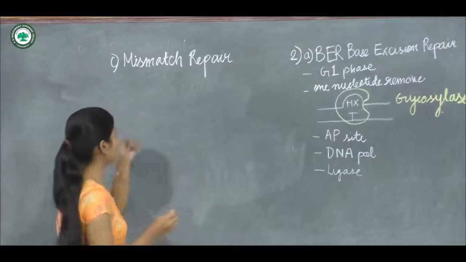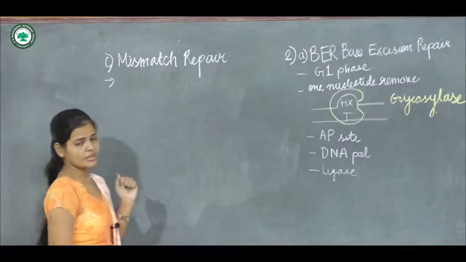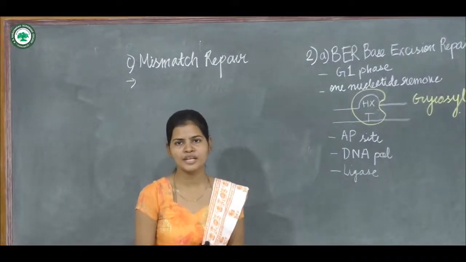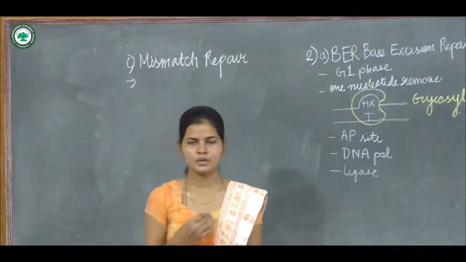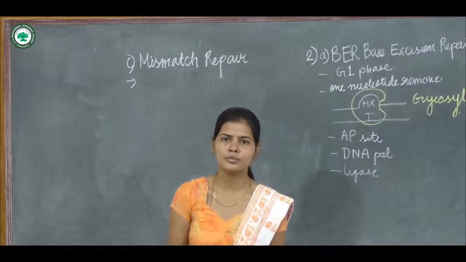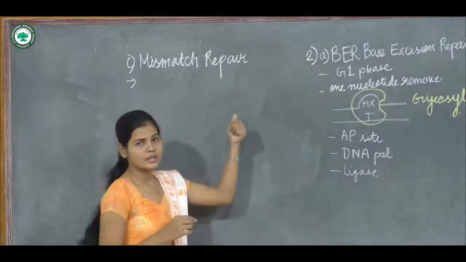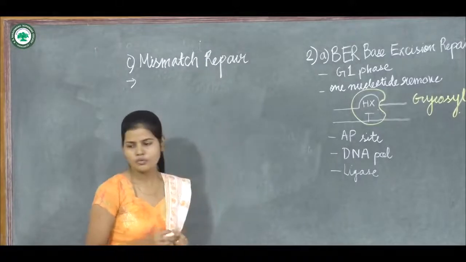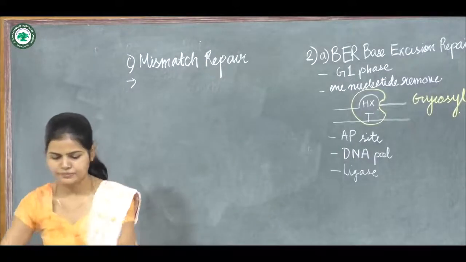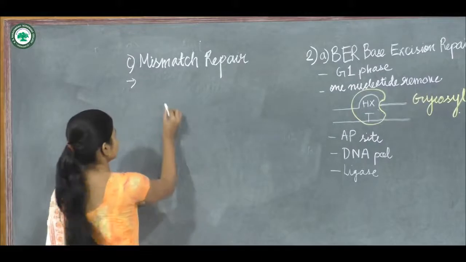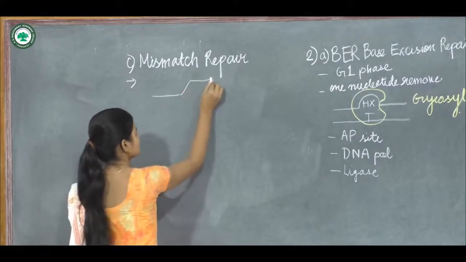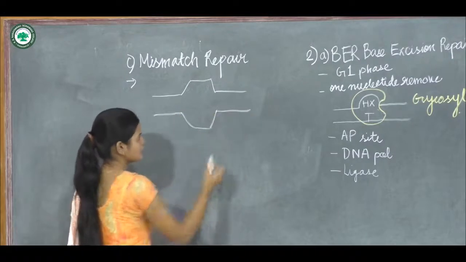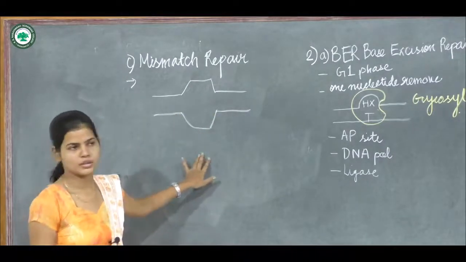This will occur for the wrongly incorporated nucleotide, which is caused by the tautomeric shift, so that it will be repaired by this mismatch repair. Now what will happen in this mechanism?